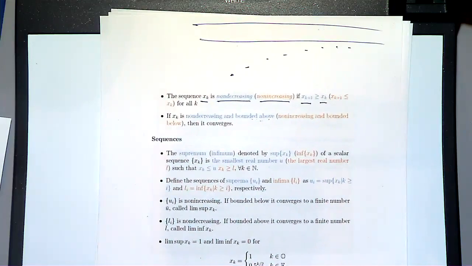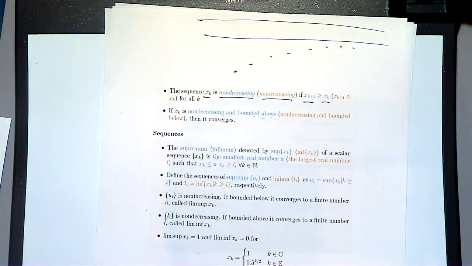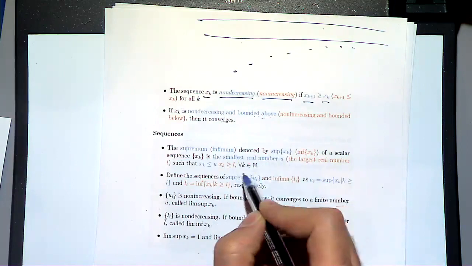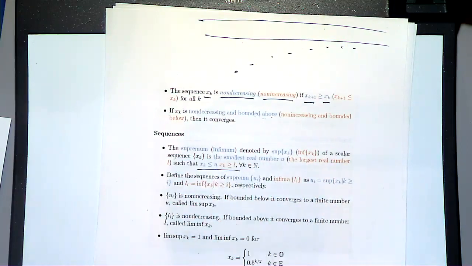For sequences, we can define the supremum or the infimum. The color coding is wrong, it should have been orange. Sorry. These are really the smallest or the largest real number that we can bound it with. So it's the tightest bounds that we can find, the infimum and supremum of a sequence.